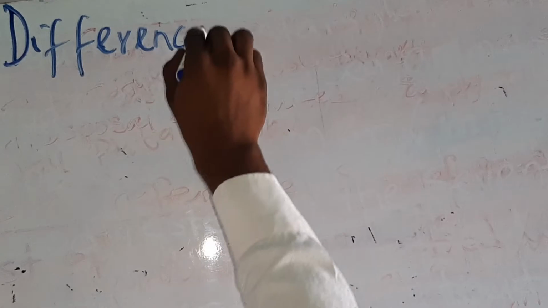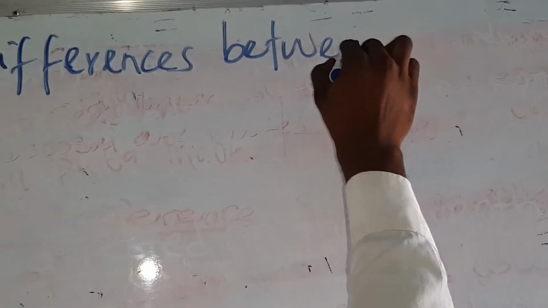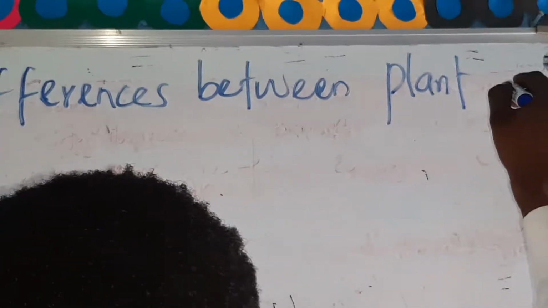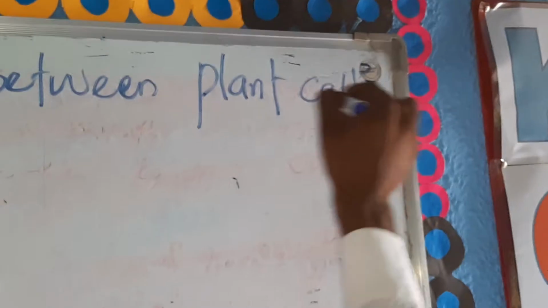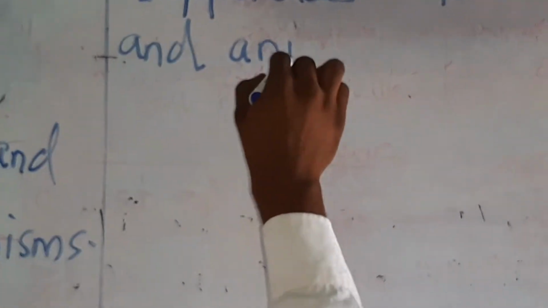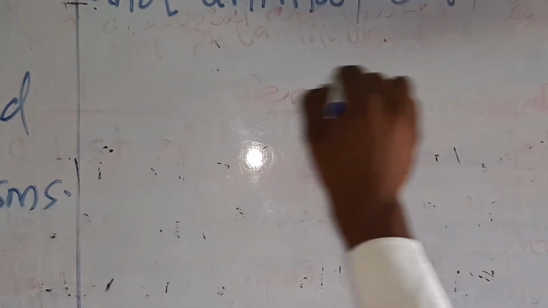differences between plant cell and animal cell.